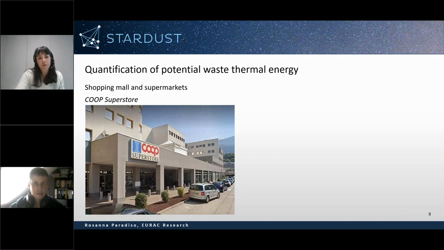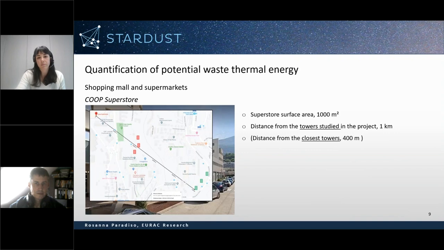The shopping mall covers a 1,000 square meter area, and it's 1 kilometer far from the tower studied in the project. One thing we noticed was that there is a closer tower to the shopping mall, and we considered this fact in the end to make a different scenario for the economic feasibility study.